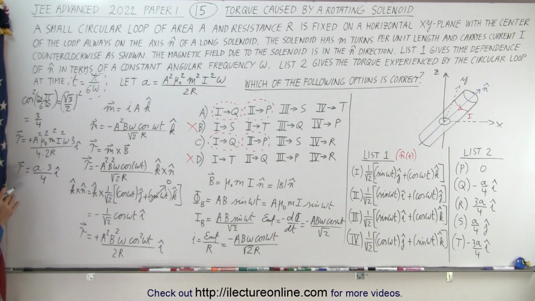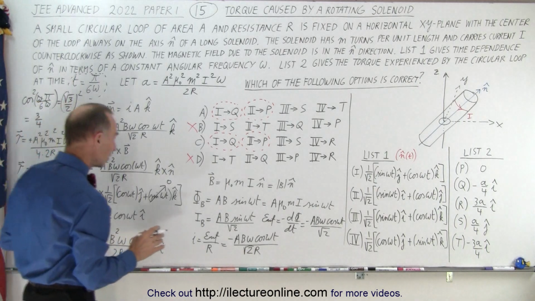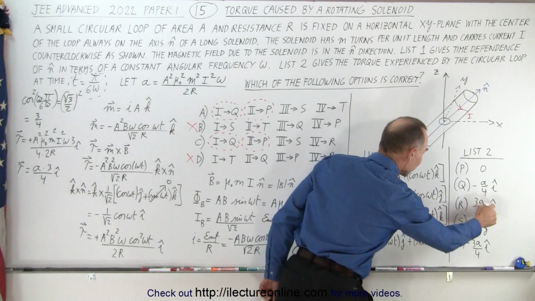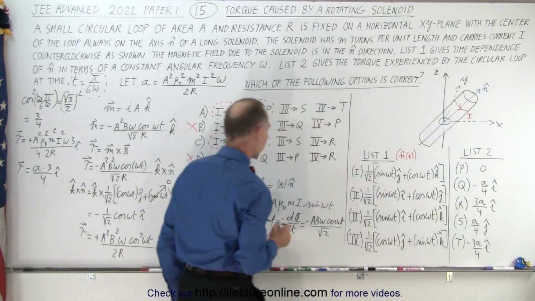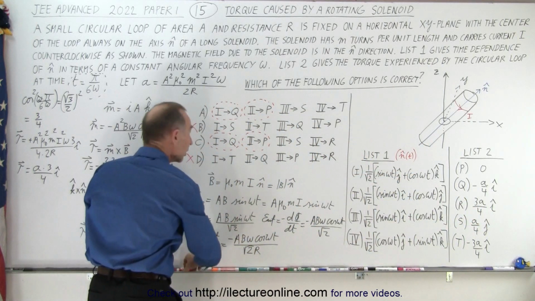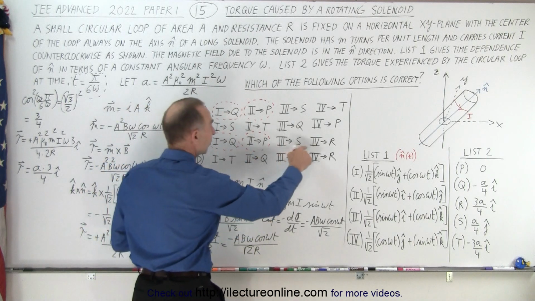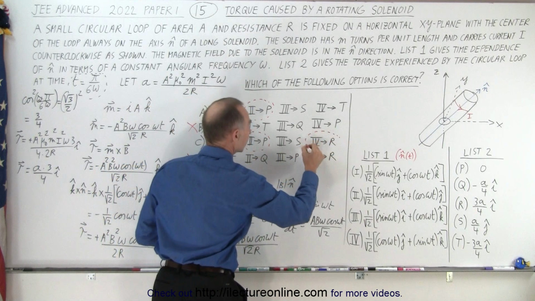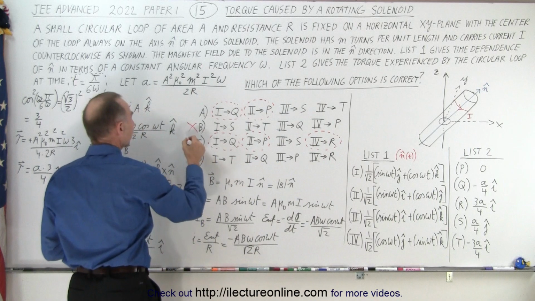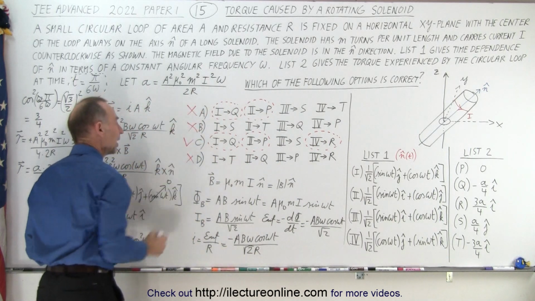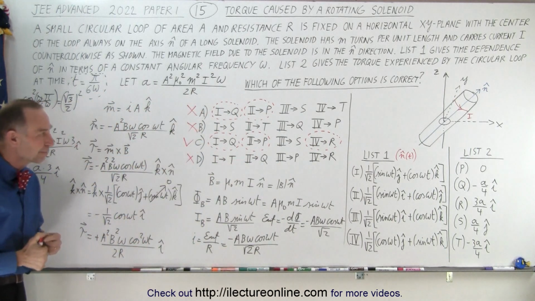And now, which of these answers corresponds to this? We have an A times 3 over 4 I, which corresponds to R. And so the only possible answer we have is this one right here. That means that C is correct and A is not.